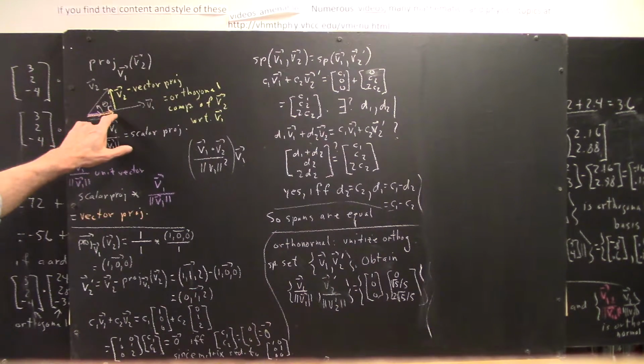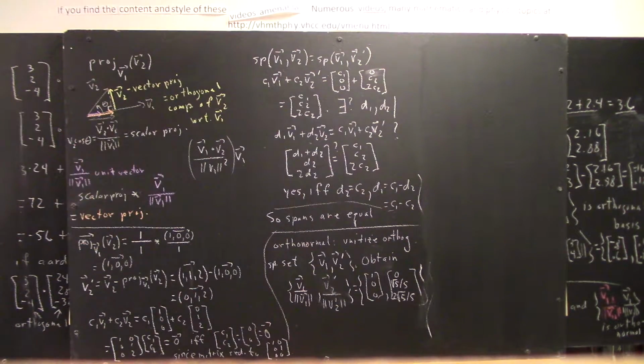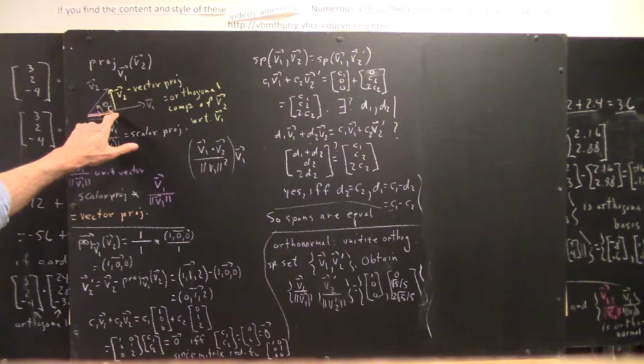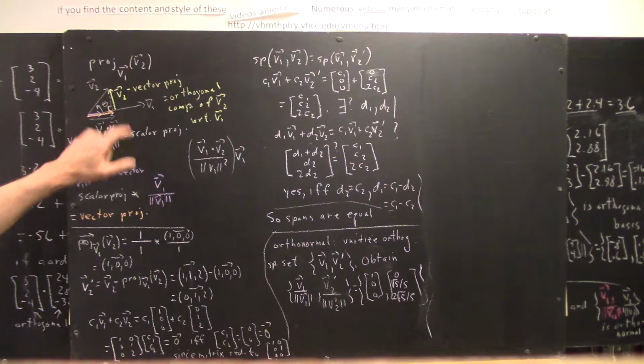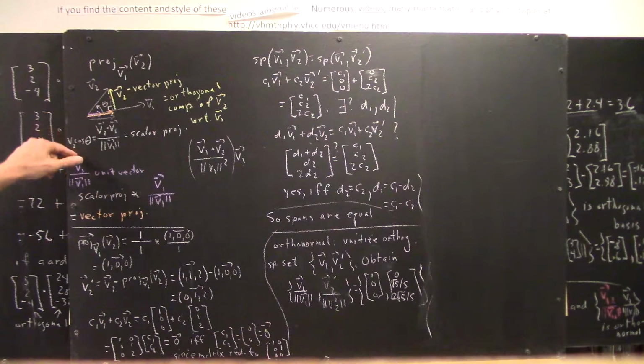And the length of the projection is just the adjacent side of a triangle of which V2 is the hypotenuse, or the magnitude of V2 is the hypotenuse. So the length of this scalar projection, the length of this side of the triangle, is just V2 cosine theta.